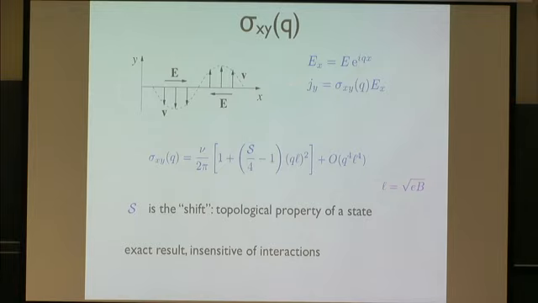So E of x would be a function of x that varies with the wave number q. And then imagine that we can measure the local current that flows at each point in the system. The current will be a Hall current perpendicular to the electric field, but as the electric field changes sign along the x direction, the current also changes sign. But the ratio between the current jy and Ex determines the Hall conductivity as a function of the wave number q.